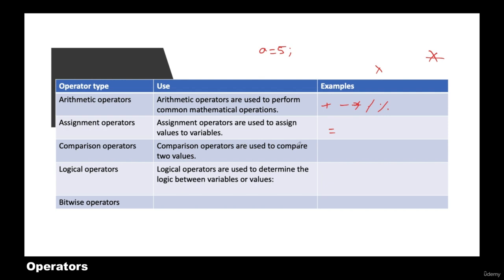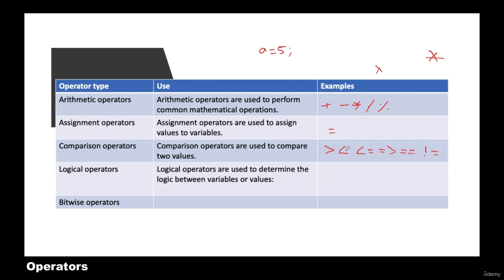Then we have comparison operators. Comparison means comparing values. We have the greater than symbol, less than symbol, less than or equal to symbol, greater than or equal to symbol, equal to symbol, and not equal to symbol.